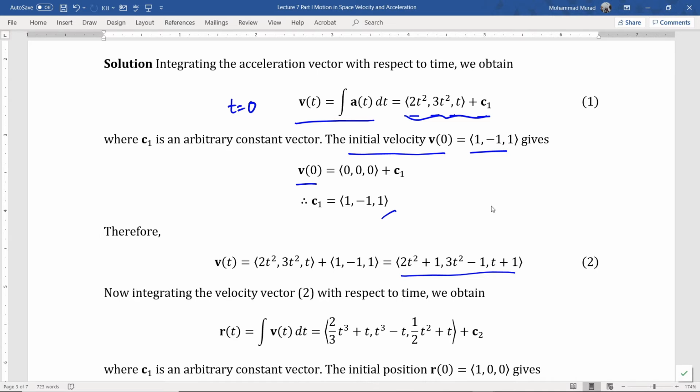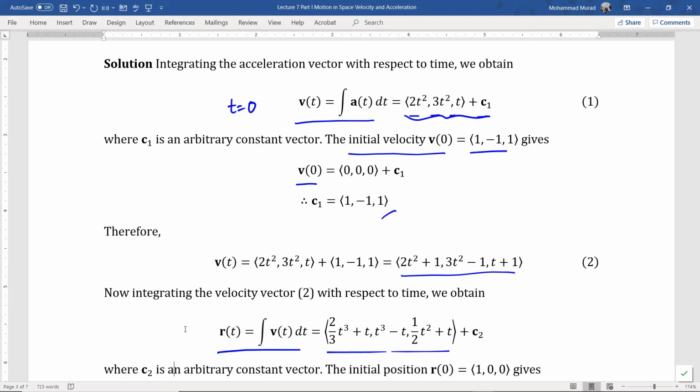Now integrating the velocity vector with respect to time, we obtain the position vector of the moving particle with the components shown here, where c2 is an arbitrary constant vector. Similarly, to determine the constant vector c2, we apply the initial position r at 0 is a vector with components 1, 0, 0.